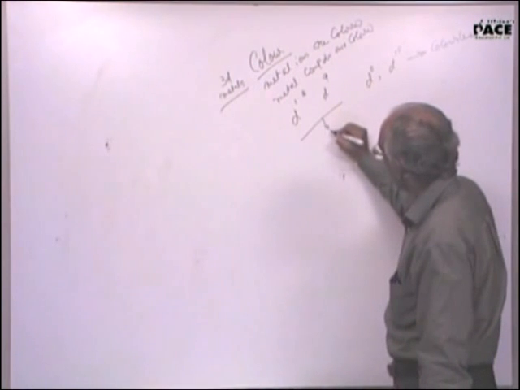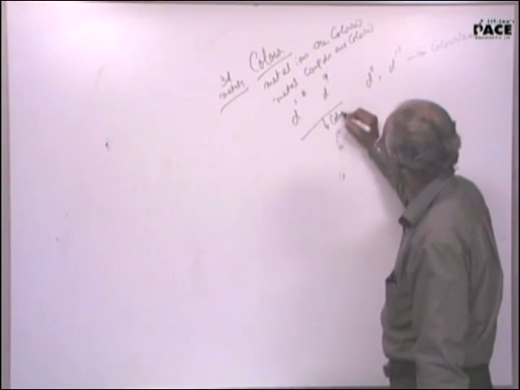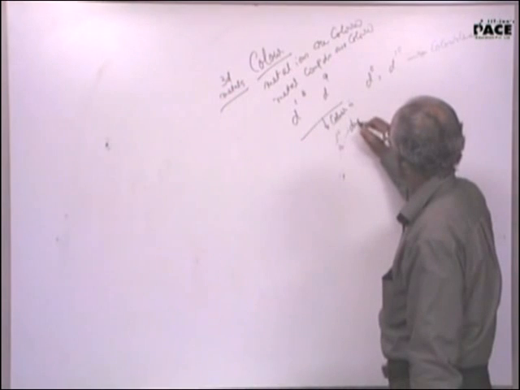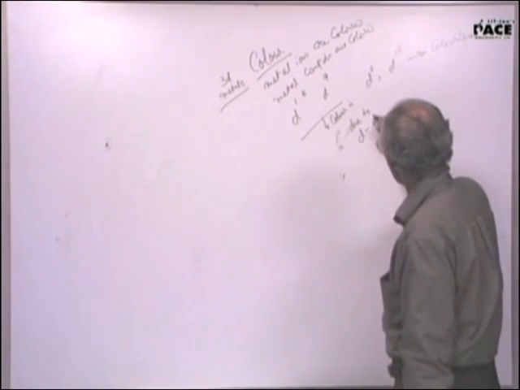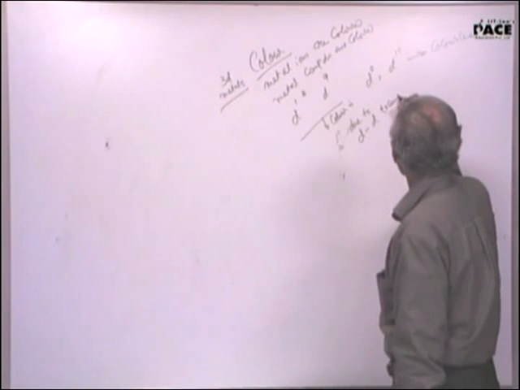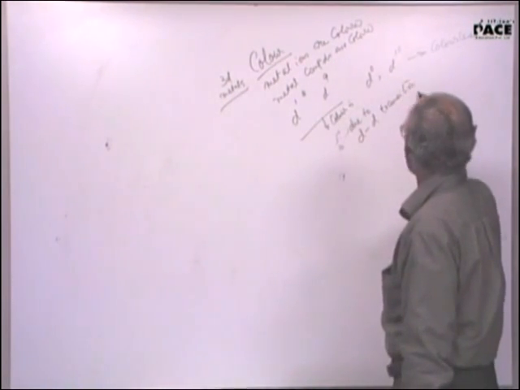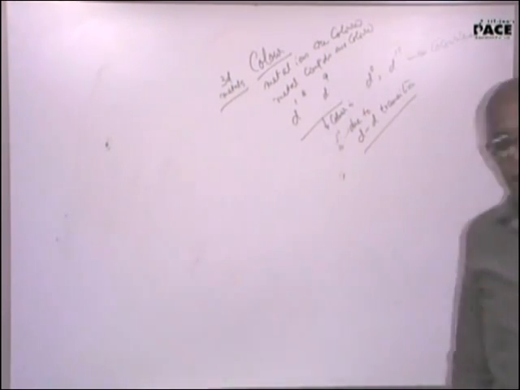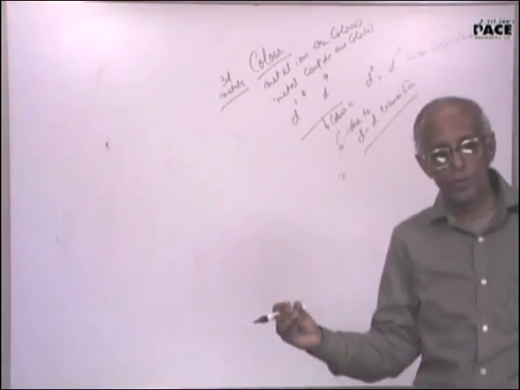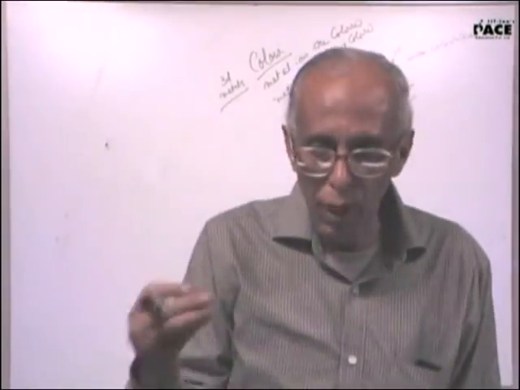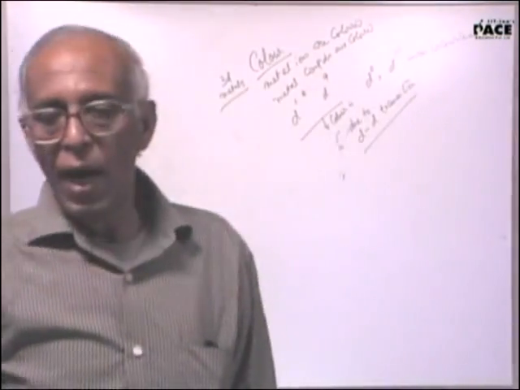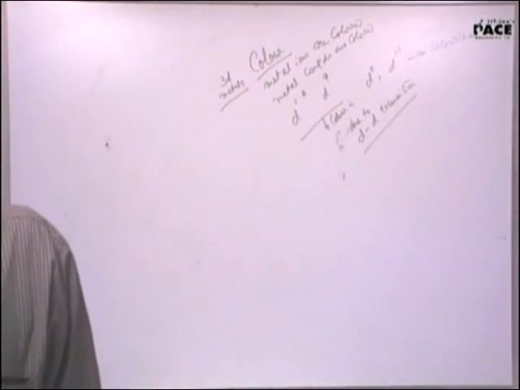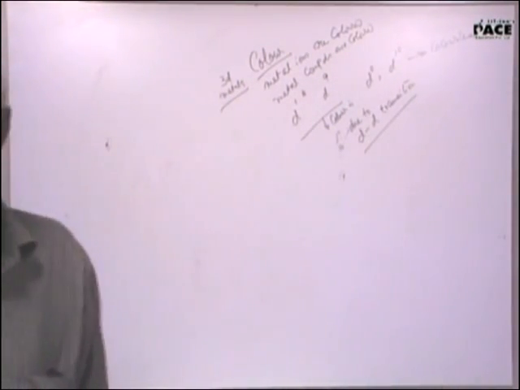The color is due to d-d transition. When I transfer a d electron from a lower energy to a higher energy d orbital, I have to do some work.